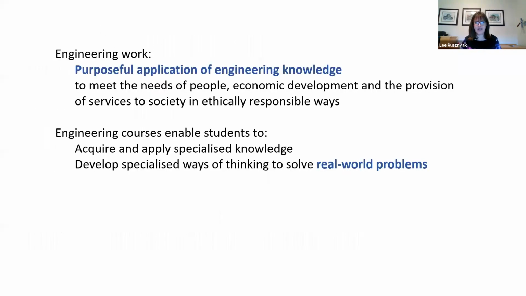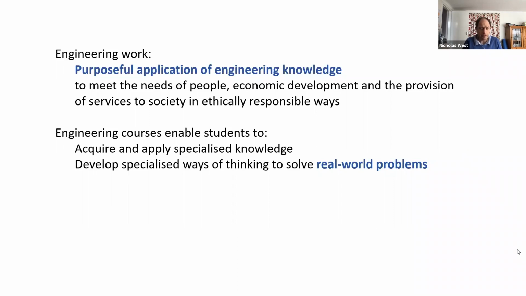Okay, great. And then Nick, over to you. Yes, thank you, Lee. Engineering is an interesting case. It falls into the category of what you would call an applied natural science. And as such, one can distinguish three very important elements of engineering work.